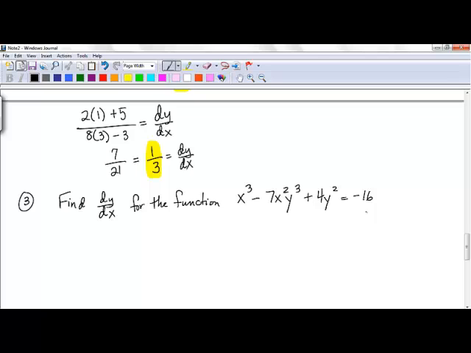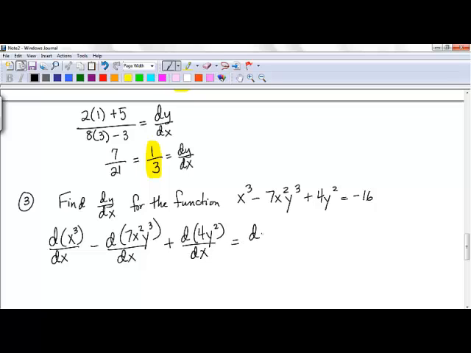Okay, to start out, take the derivative of each term. So you'd have the derivative of x cubed with respect to x, minus the derivative of 7x squared y cubed with respect to x, plus the derivative of 4y squared with respect to x, and the derivative of negative 16 with respect to x.